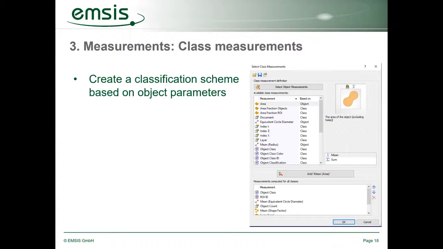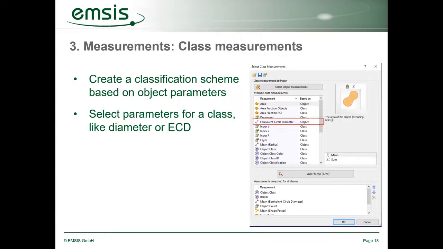The class measurements need a classification scheme, which needs to be created first. I will come into this in more detail in a few minutes. Now I would just refer to the measurements. You select parameters for a class like you do for the object measurements. It can even be the same parameter, as you can see here, but instead of getting a single result for a given particle, you can, for example, get the mean value of all detected objects belonging to this class.